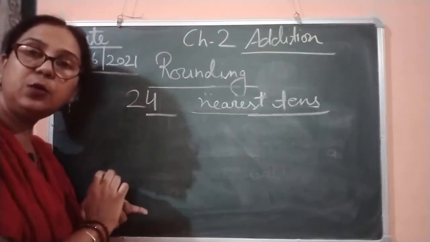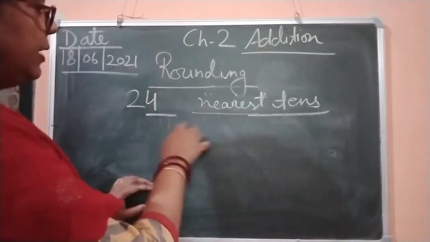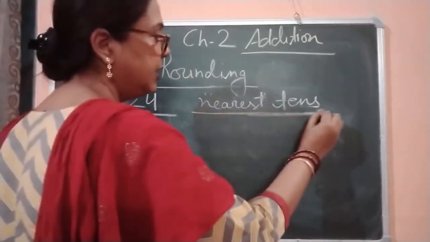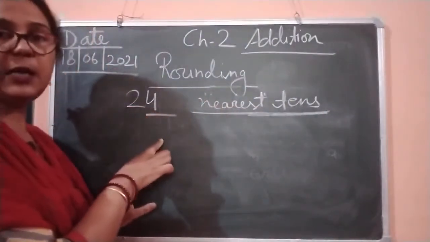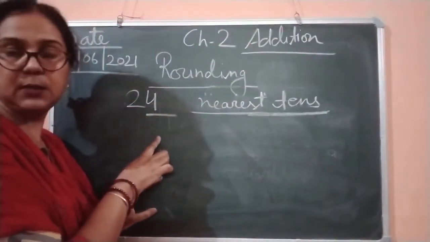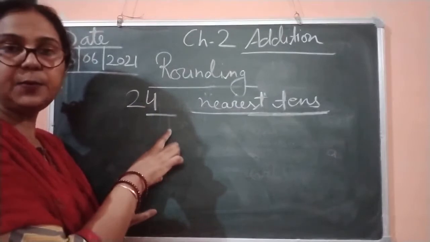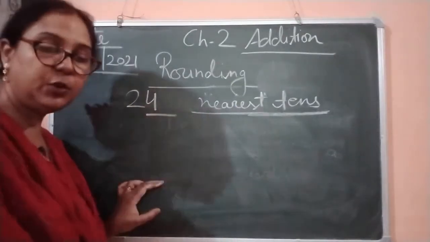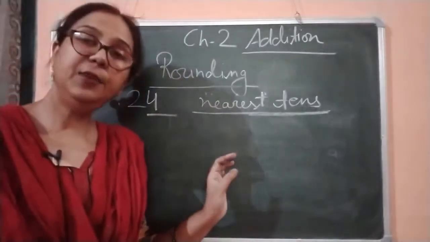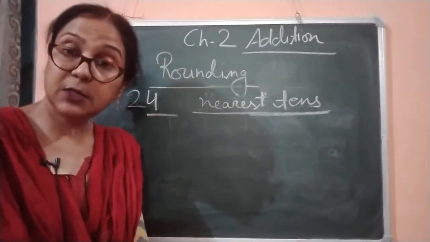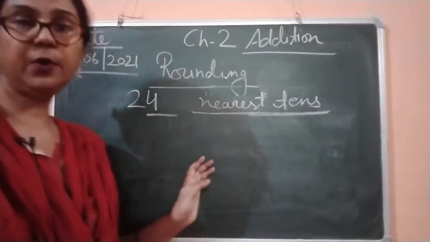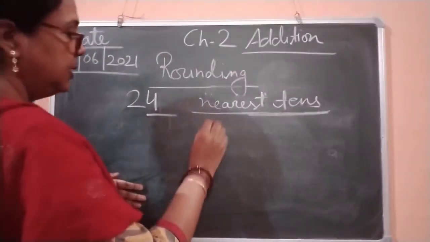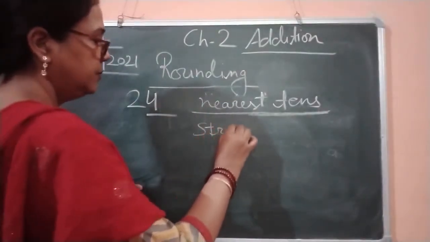So how can we do it? When rounding off to the nearest tens, first we will see the ones place. First of all we should know what the weak numbers and the strong numbers are.